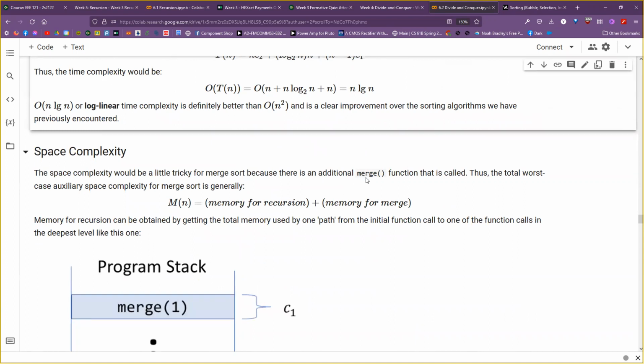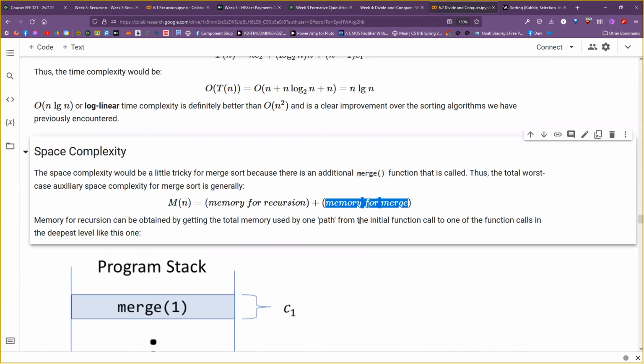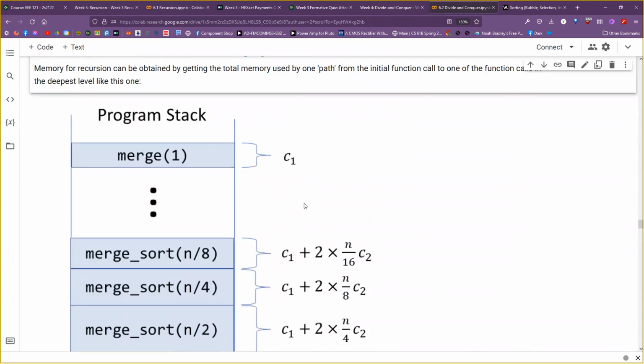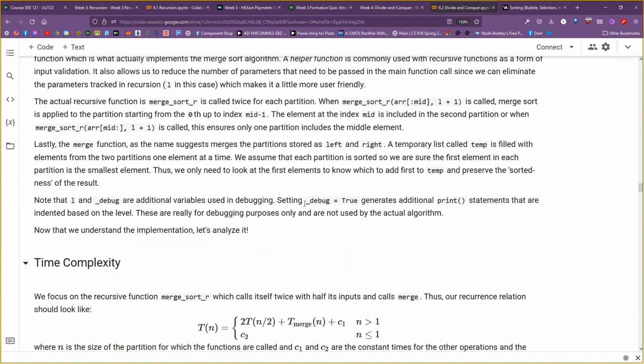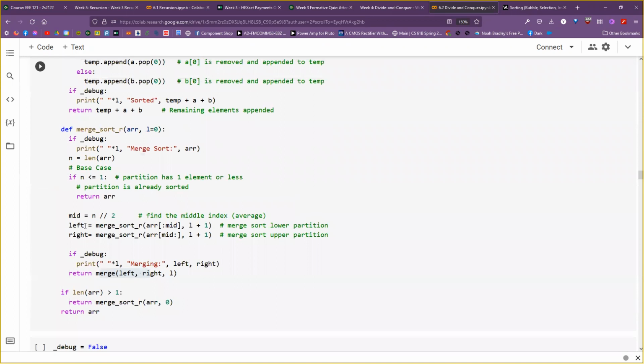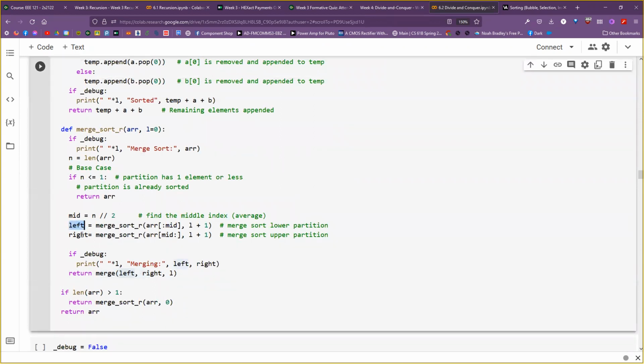So, since meron tayong additional function na merge, kailangan natin i-account din yung memory na ginagamit ng merge. Pero pwede natin ihiwalay yung memory na ginagamit for recursion. So, for recursion, going back dun sa ating implementation, meron tayong dalawang temporary na list dito na left and right na both would have n over 2 elements.